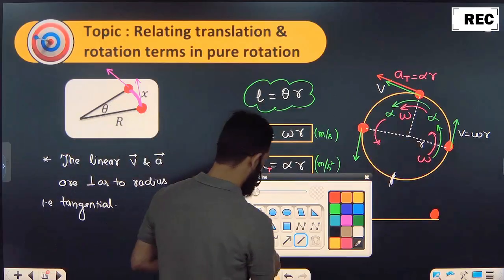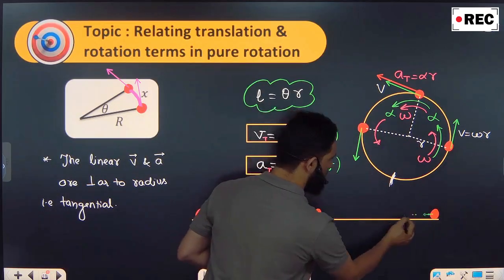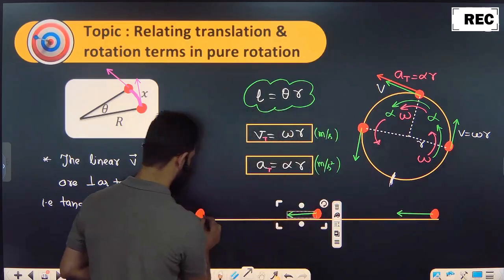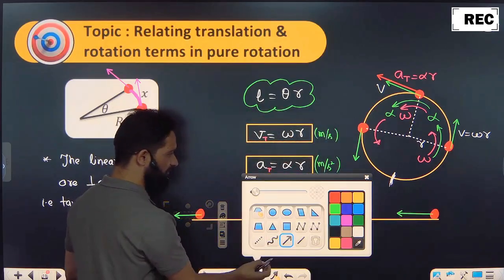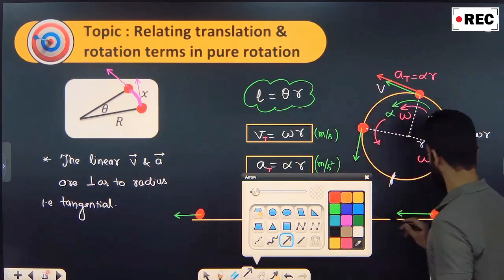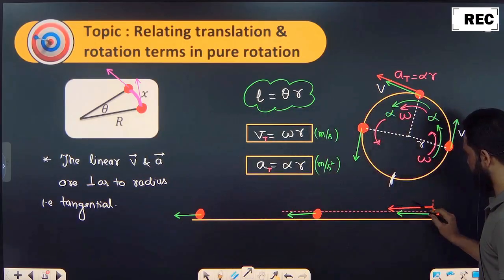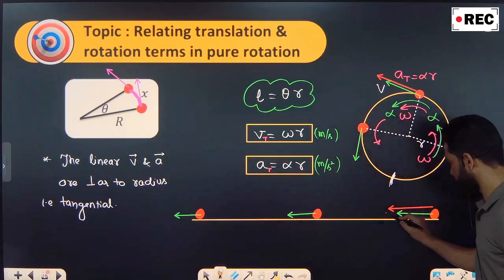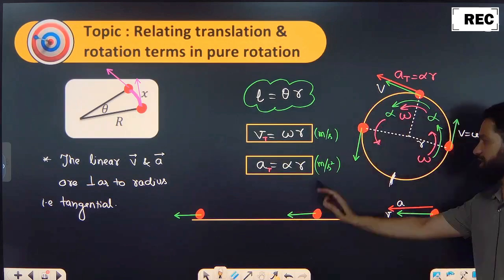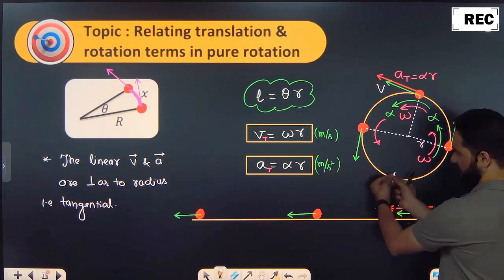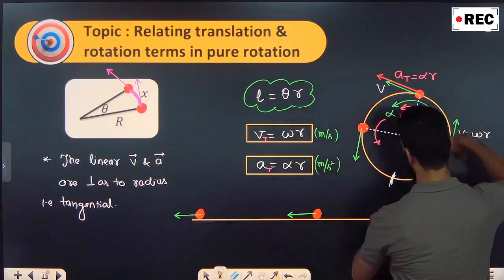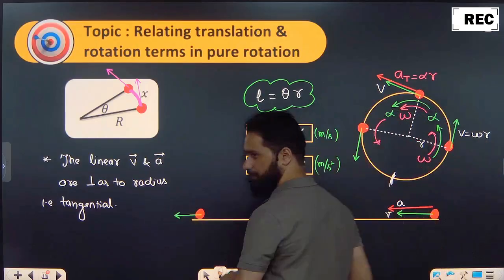So if it was moving with omega somewhere, I can say it is moving with velocity somewhere. If it was having some angular acceleration alpha, I can say it is having that acceleration a. So this is v, this is a. So this is called tangential. You understand why it is tangential? Because if I unwind this circle, whatever was happening in a circle is now happening on a road.